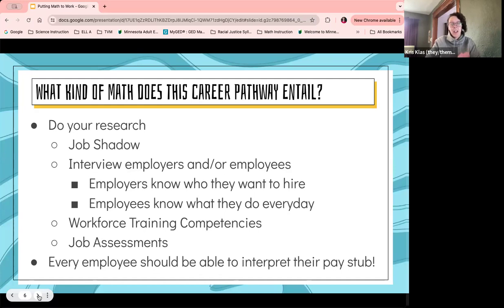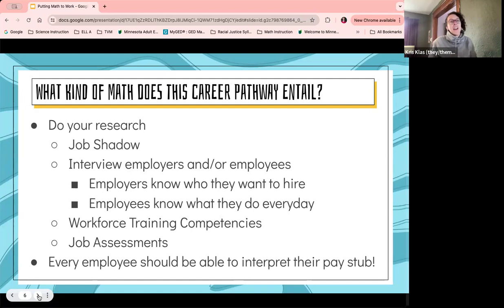I think if for no other reason, being able to interpret their pay stub at the end of the week or the end of the month. I have talked with so many students who've experienced wage theft because they're not getting all of their hours reflected on their time card, or if they don't understand how to interpret that pay stub to begin with, they don't know whether they're experiencing wage theft or not.